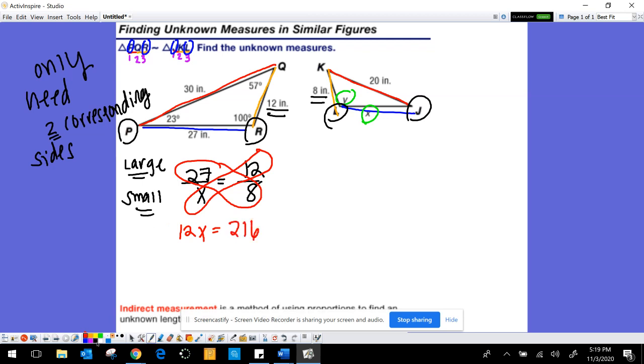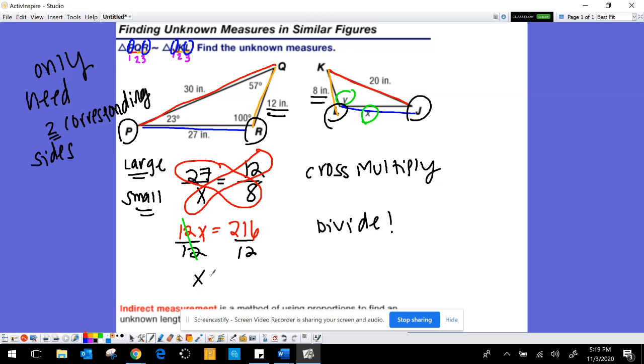The last step is to divide. So we cross multiply, and now we are going to divide. Divide both sides by 12. 12 divided by 12 is 1. So you have 1x equals. So we'll take 216 and divide it by 12. 216 divided by 12. 12 goes into 21 once.